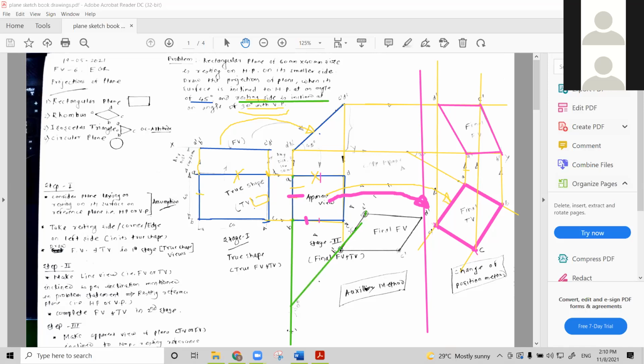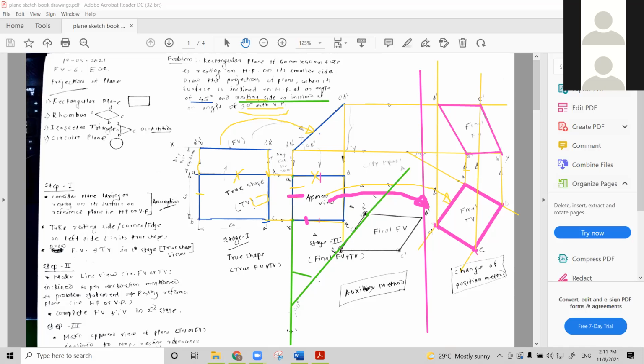I will be taking this 30 degrees from any point here. You have to take it with a little extension, you can go further. So this line is nothing but the 30 degree inclined line.